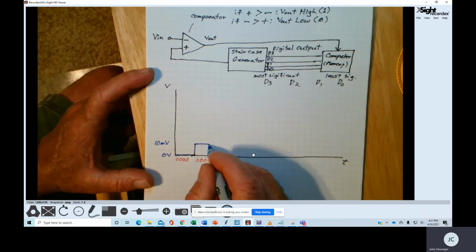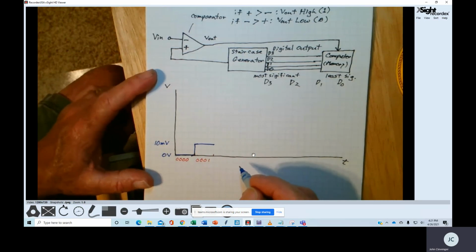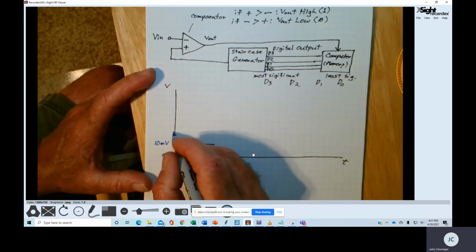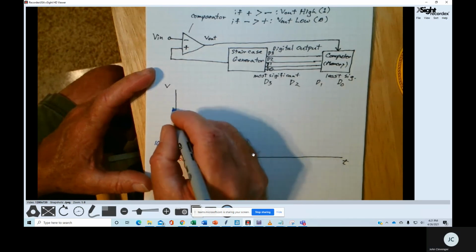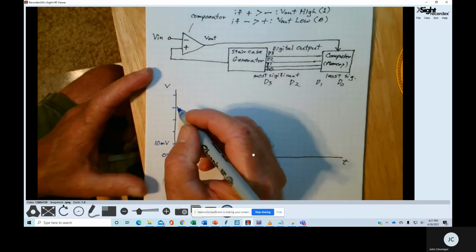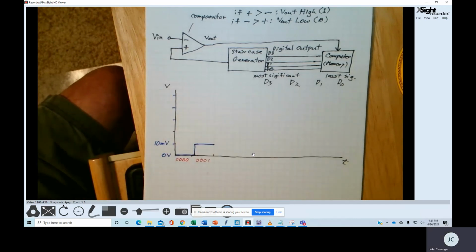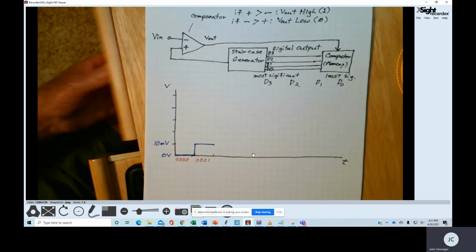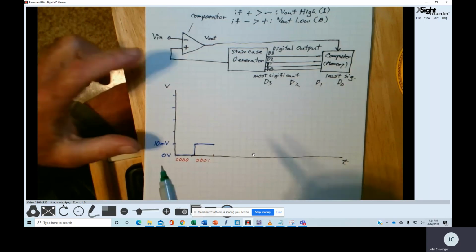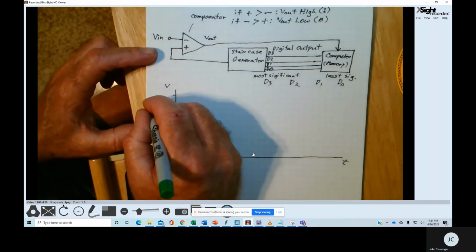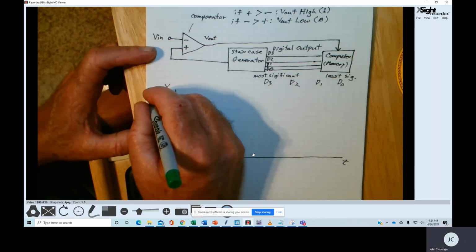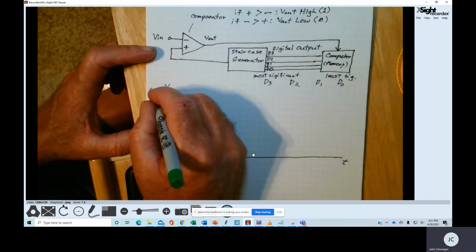So the staircase generator will output 10 millivolts for some period of time. Now, this is 10, 20, 30, 40, 50. We need to pick a value for the input voltage, and I'm going to pick 45 millivolts. So this is my value of Vn.